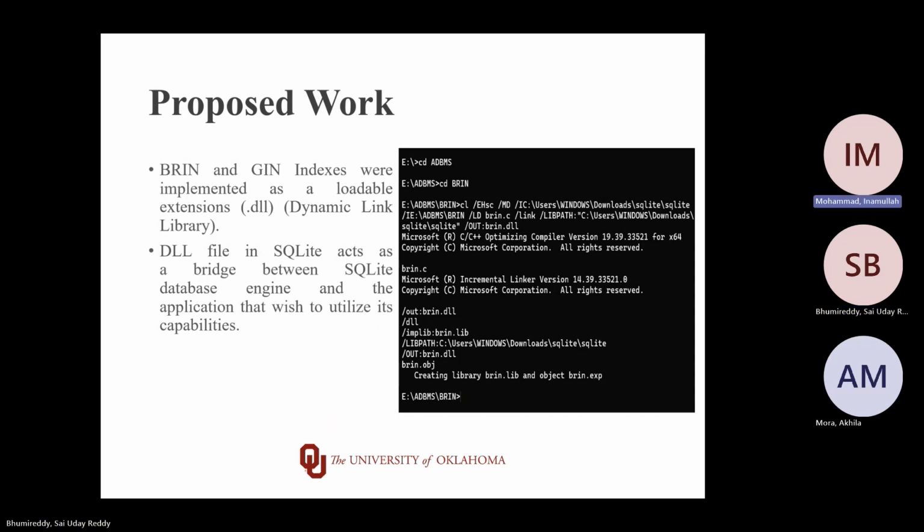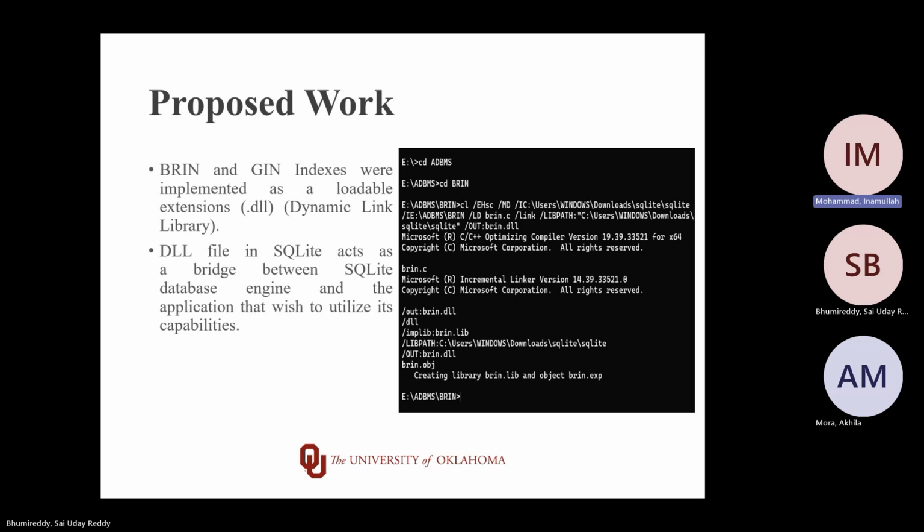Hi everyone, this is Inamullah. So coming to the proposed work, as we already mentioned, we are implementing BRIN and GIN indexes as loadable extensions, which are nothing but DLL files. DLL stands for Dynamic Link Library. This DLL file basically serves as a bridge between the SQL database engine and the application that wishes to utilize its capabilities.